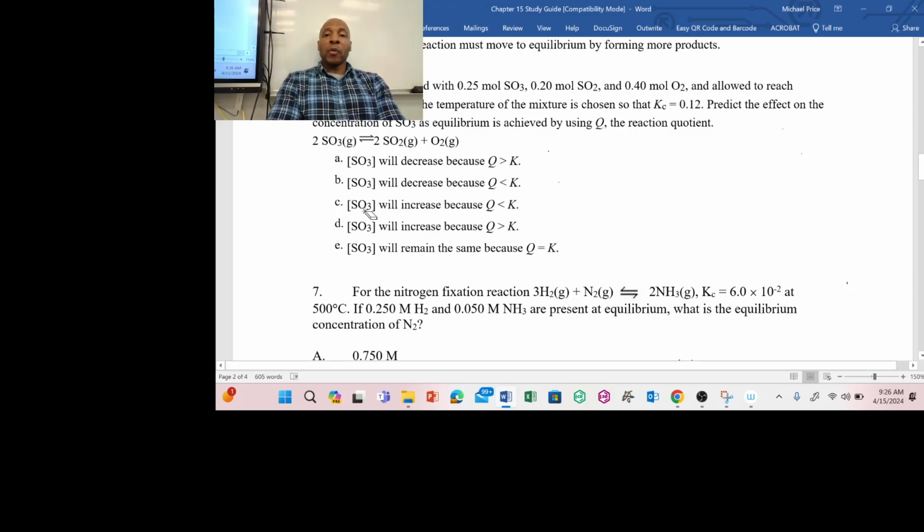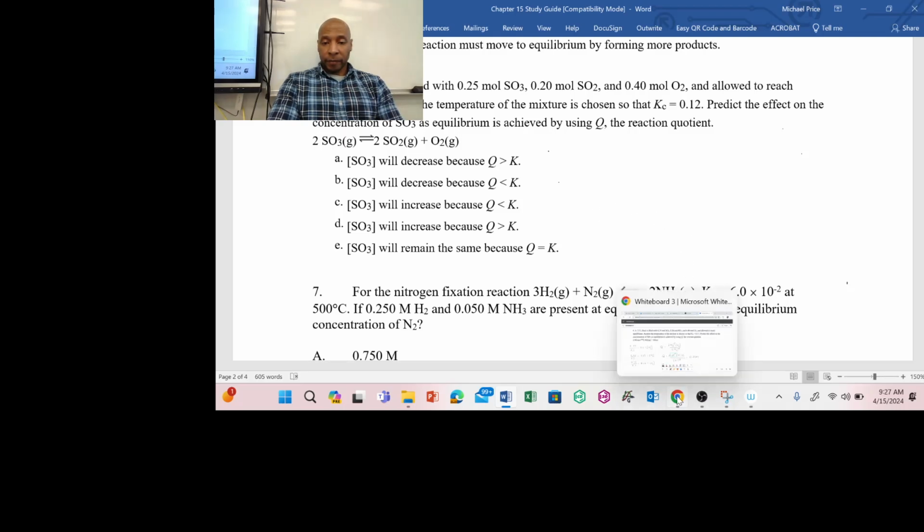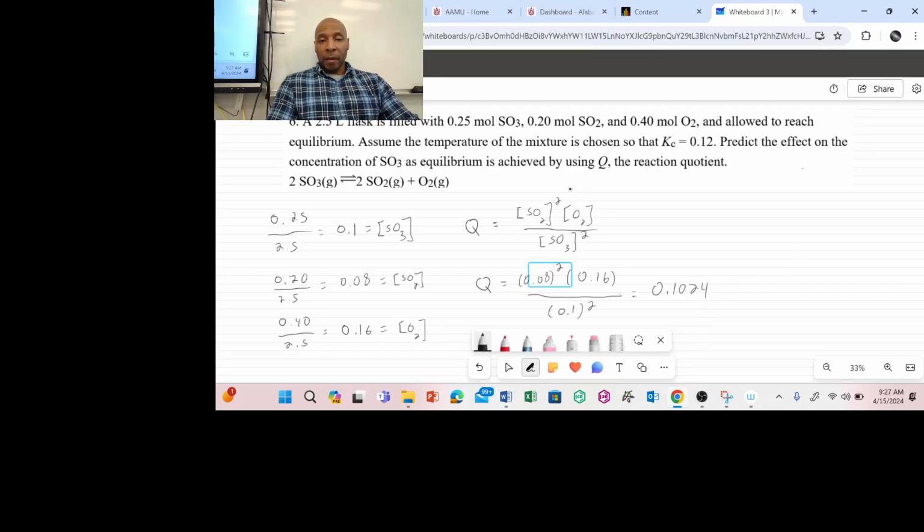Okay, because Q is less than K. Now remember, anytime you have a fraction, let's see, I'm going to put 1/2 up here. I can increase this fraction by increasing the numerator or decreasing the denominator. Y'all follow me? Well, it takes two to tango. If I increase the numerator, I'm going to have to decrease the denominator.